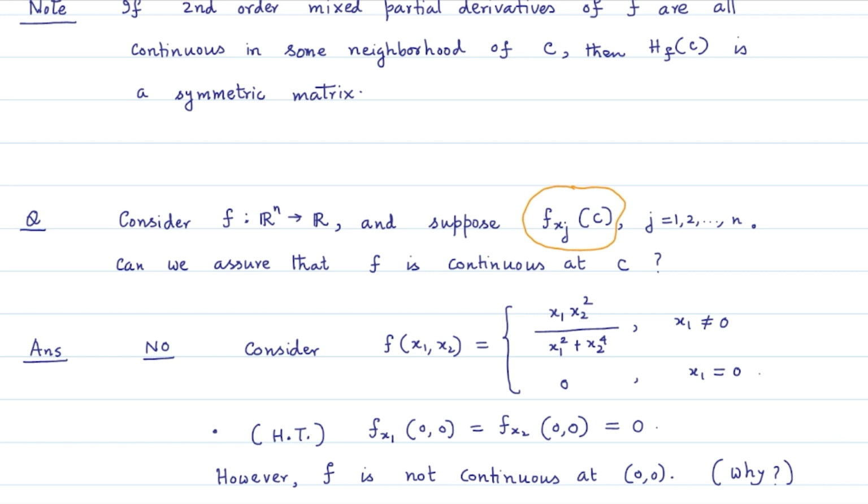So this example shows that existence of partial derivatives with respect to all the variables of a function may not assure the continuity of the function.